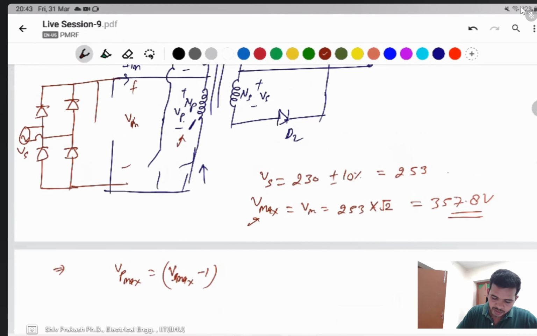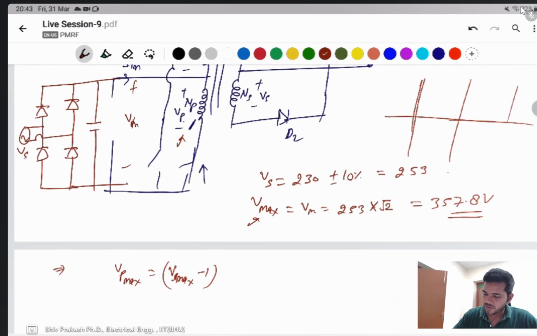If you apply a capacitor also, then when the capacitor is charged, for some duration of time, this one will be like that.